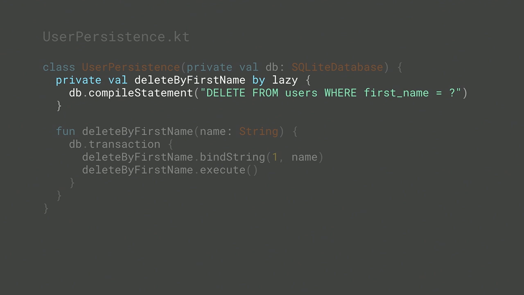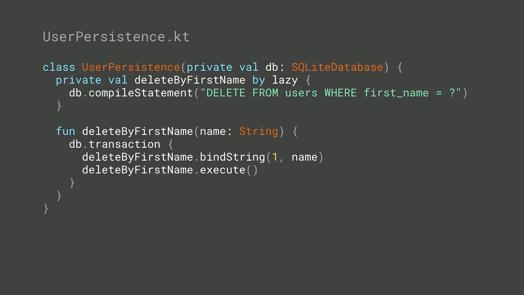So lazy takes in a lambda that only gets called the first time that you get the value from this property. And so what we've done is now allowed this to have the same behavior as the original, where it was parsed on the background thread, but now it only does it once instead of many times.